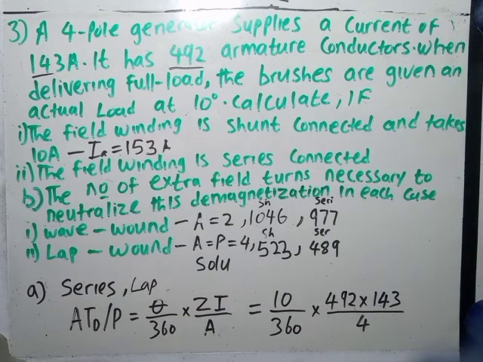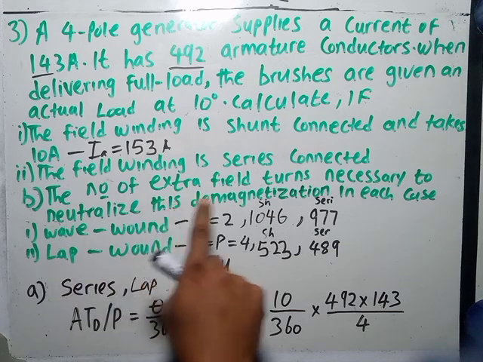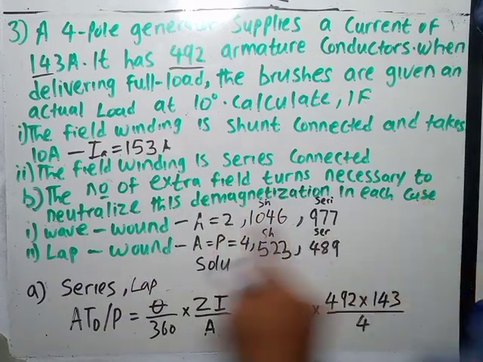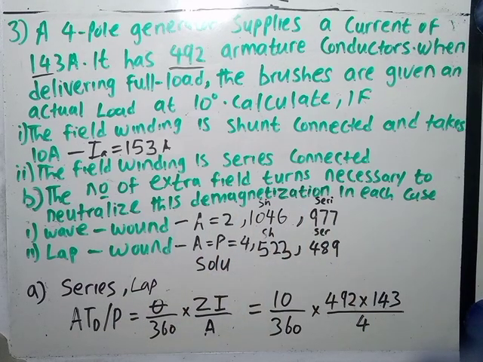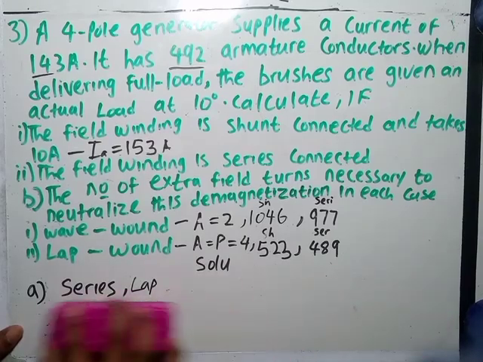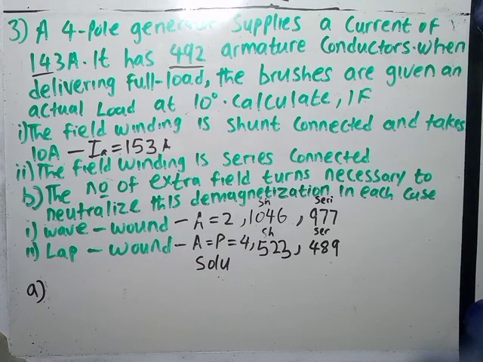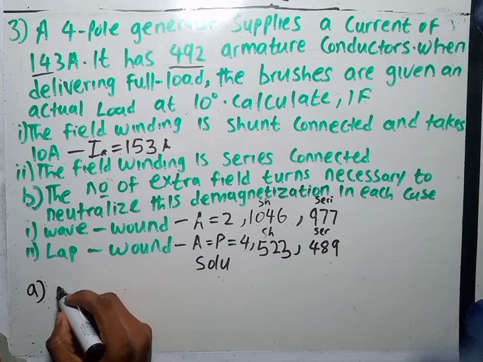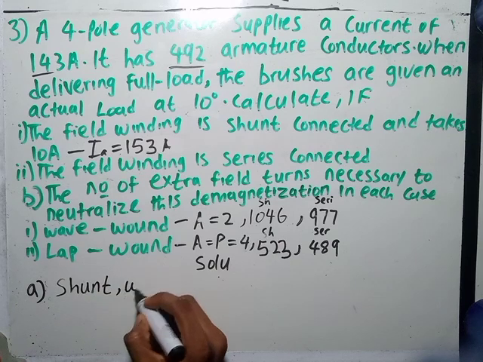Now, the second part of our question is demanding for the number of extra turns necessary to neutralize this demagnetization in each case. Now, we're interested in the extra turn per pole. So we have for our first case, which is shunt and wave.